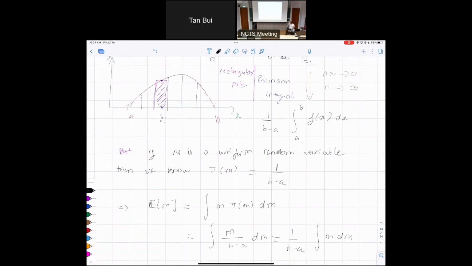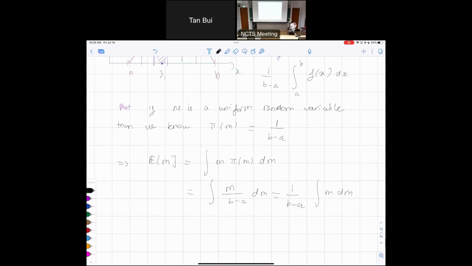You see that it doesn't matter; I can turn this into x dx, it doesn't matter. So you see that when f is equal to x, it is the expectation.